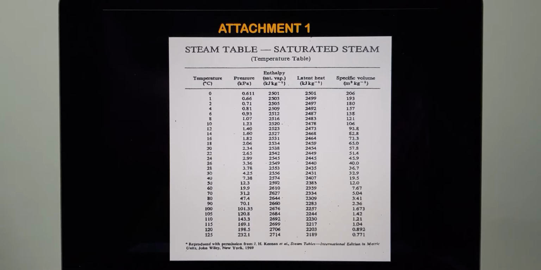If you see attachment number 1, the temperature range starts from 0 until 125 degrees Celsius only. It stops here at 125 degrees Celsius. So, can you get the value of the steam properties by using attachment number 1?